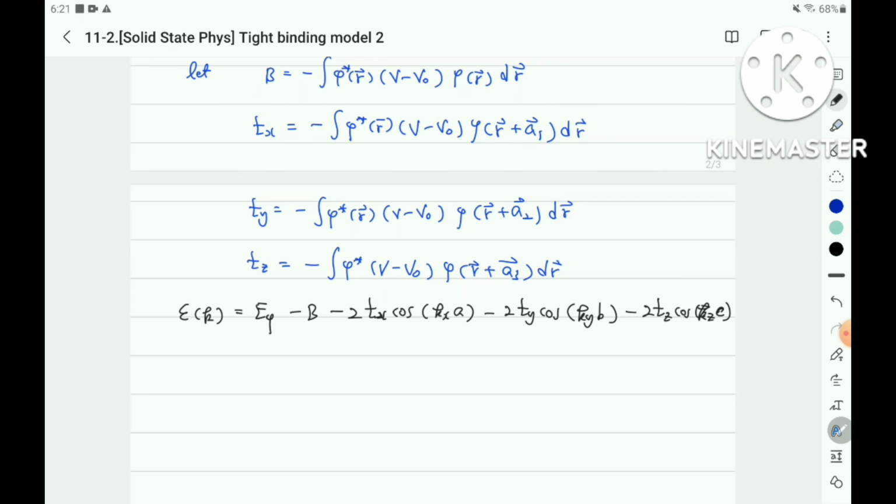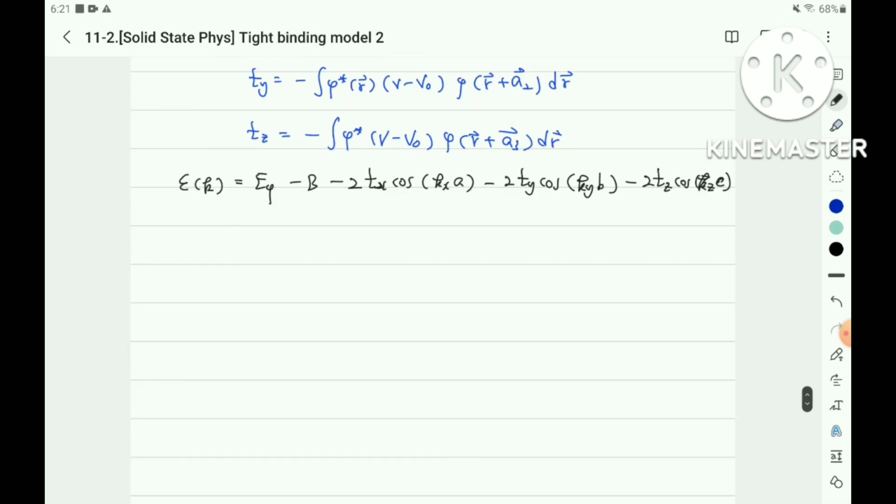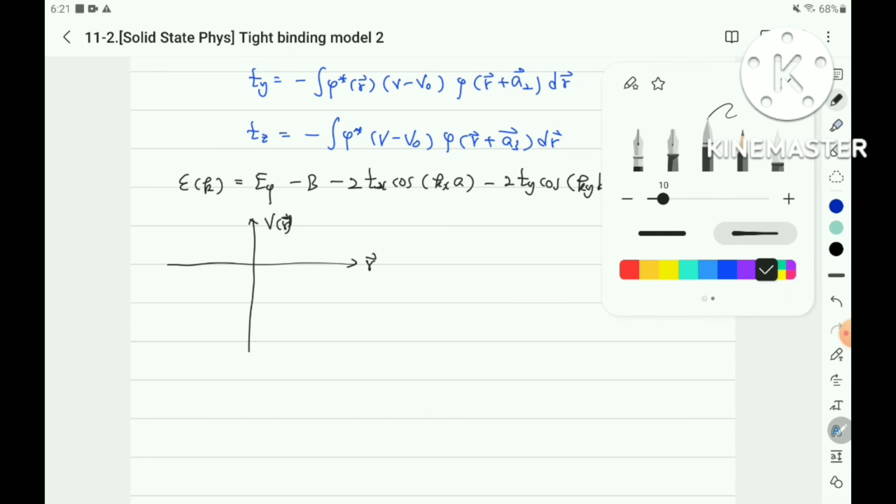Therefore, when I make a diagram of the actual potential, the potential with respect to r, there is a localized potential.